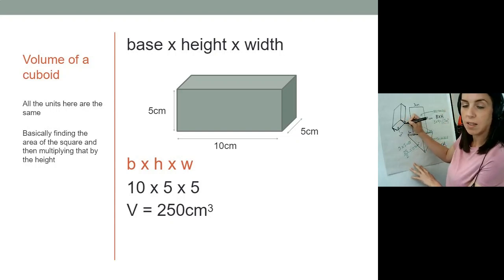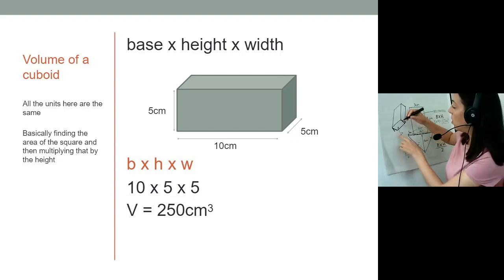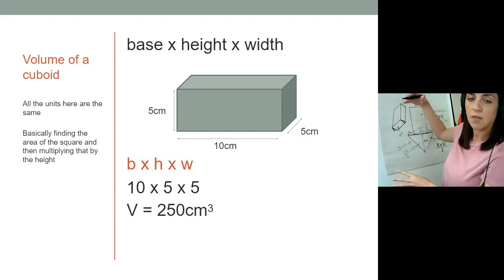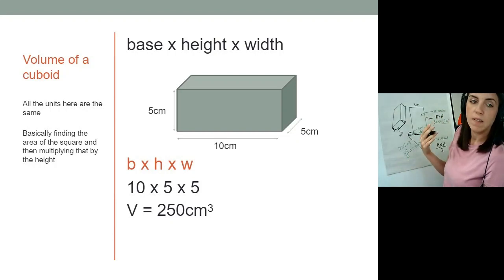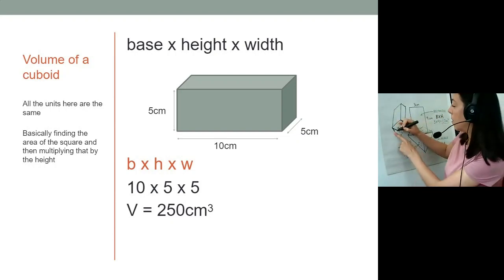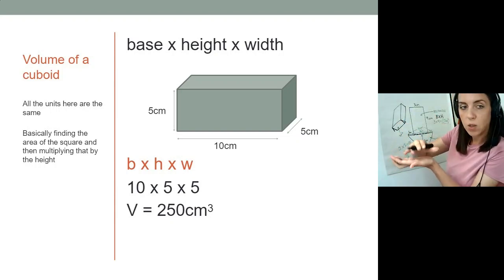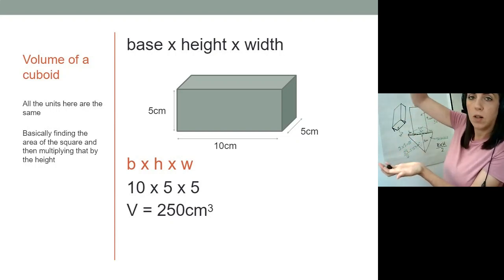So we calculate this. So we then do 5 times 5 or 5 times 10. And then all we're doing is pulling that shape up to make it 3D. So that's why the formula for volume of a cuboid is base times height times the width. Because we've got that flat square or rectangular shape, so we've got the base times height, and then we're pulling it up to make it a 3D shape.